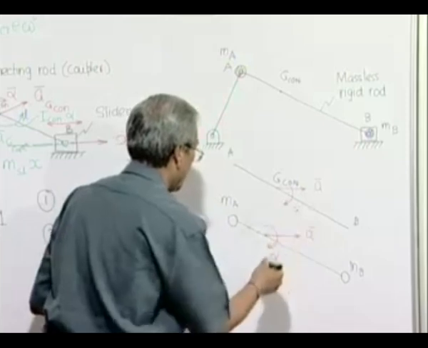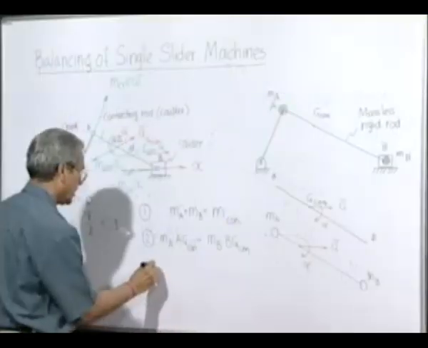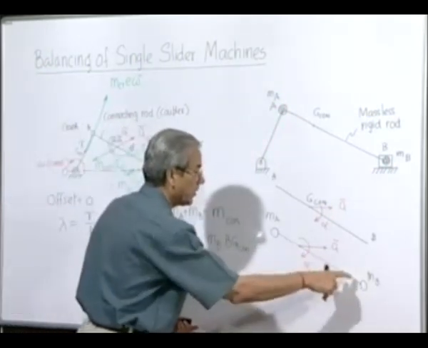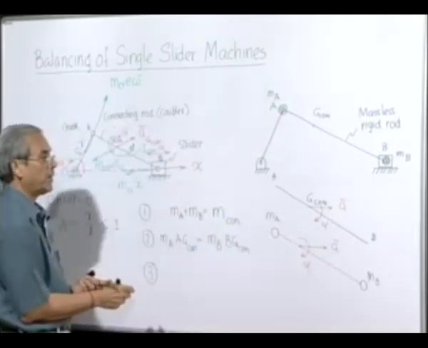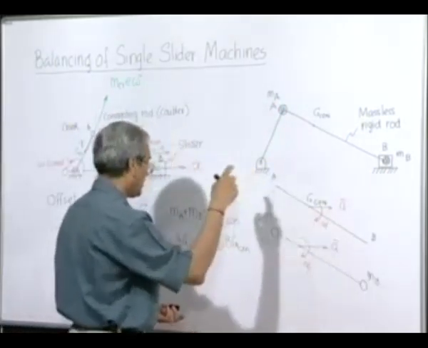this ensures that the center of mass is at the same location as G connecting, and the same set of moments which are now produced about this should produce the same angular acceleration. That will be possible when the moment of inertia of this equivalent system about the center of mass is the same as the moment of inertia of the original connecting rod about its center of mass.